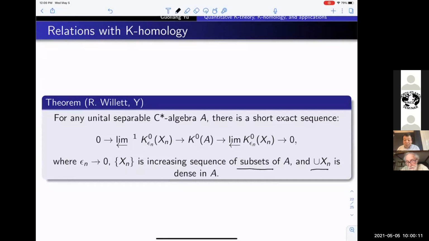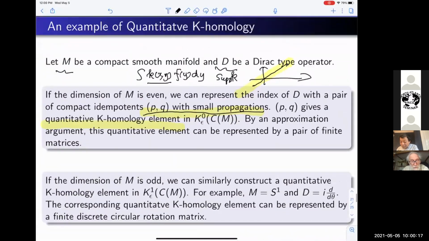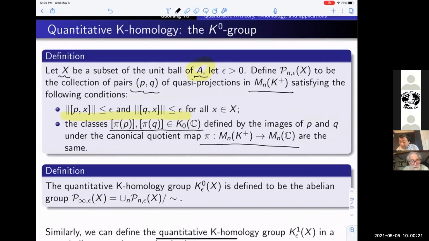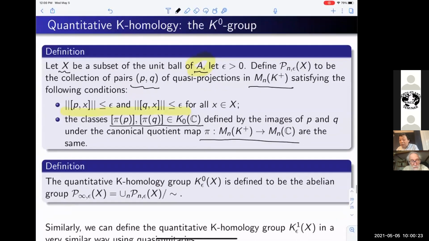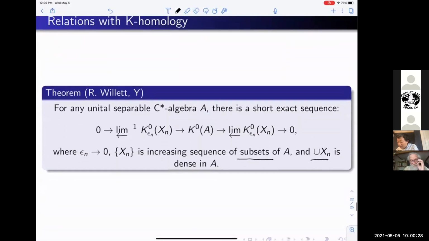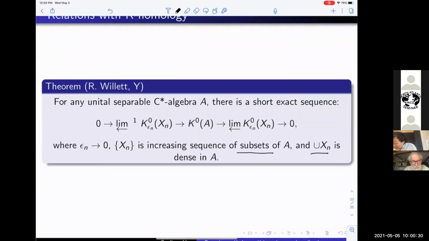Since you have assumed that the set X is contained in the unit ball of A, how could it happen that the union is dense in all of A? Oh, good point. It's more that it is dense in the unit ball, yes. Essentially, it will give you everything. Thank you.